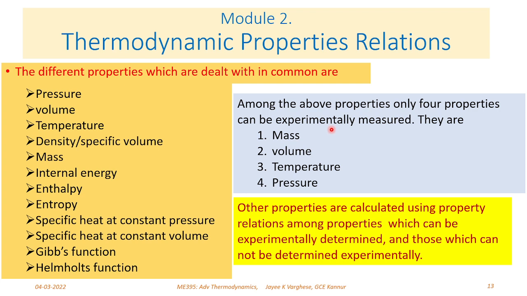Now, why do we need the numerical value of different properties? The values of the different properties are very much essential in the design of engineering systems and other scientific or research systems. So the knowledge of the exact numerical value of different properties, or changes of properties, is essential. For example, suppose we have a pipeline through which a gas or a liquid flows.